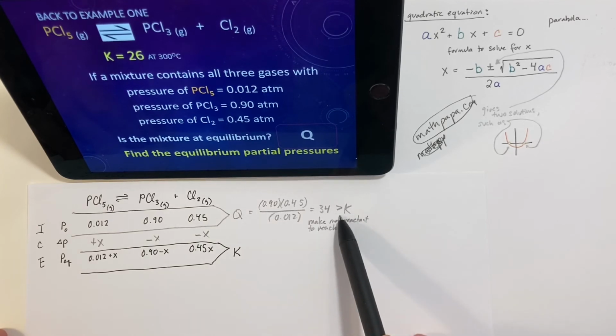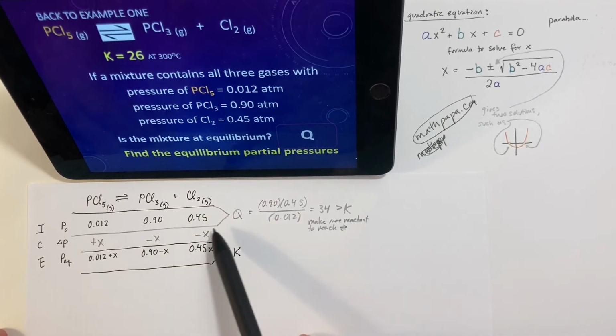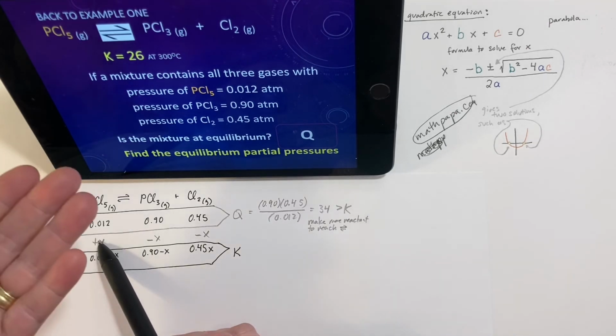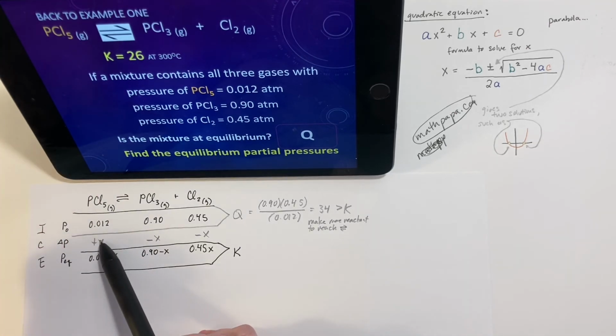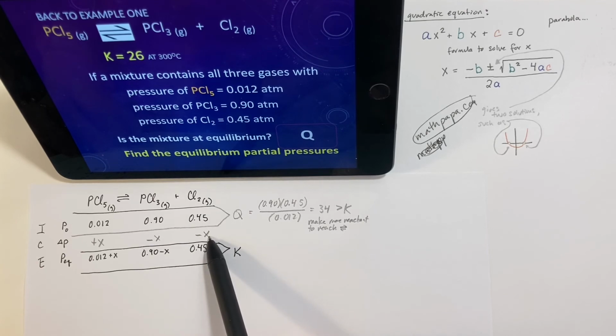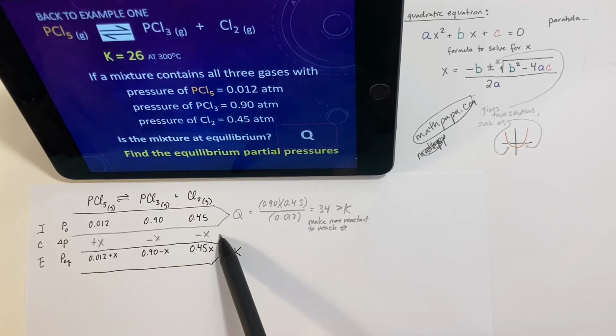It's too much. So this time we had to make more reactant. We needed a plus here. In our other examples, we had a minus on the reactant change. So we have to make more reactant at the expense of the product. So that's about where we left that example.